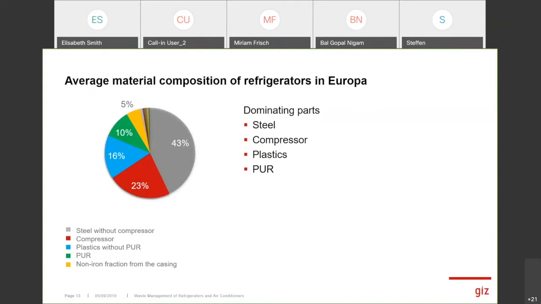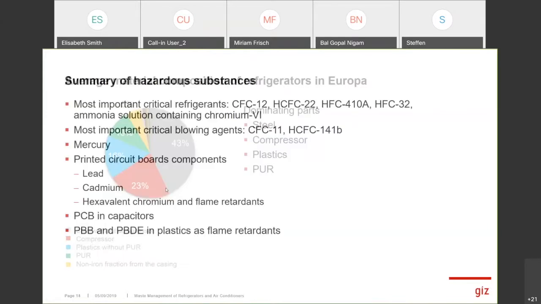And then we have plastic, PUR. 43% of the overall material amount is steel, and 23% is copper. Plastic without PUR is 16%, PUR is 10%, and non-iron fraction for the casing is 5%.